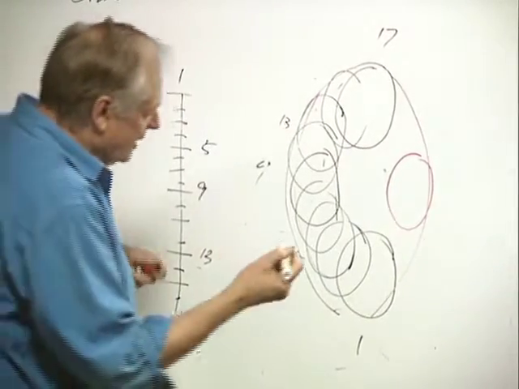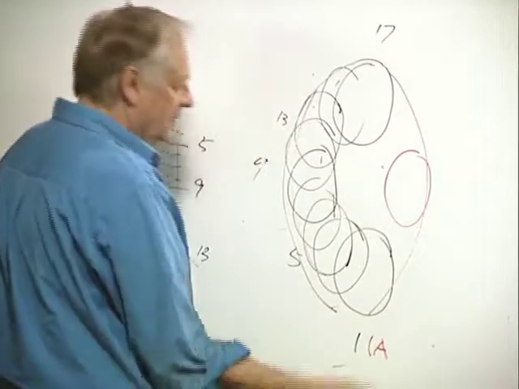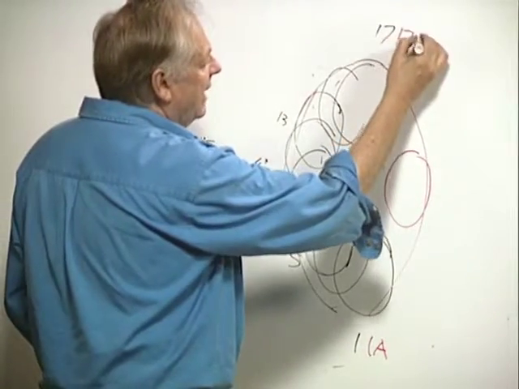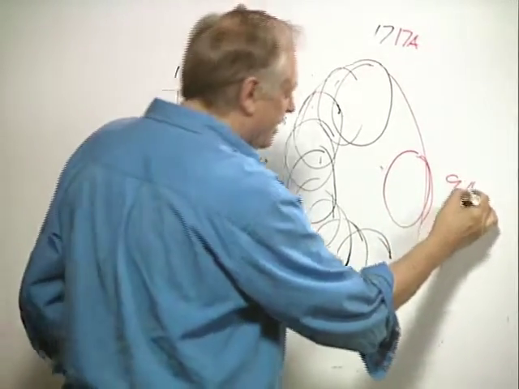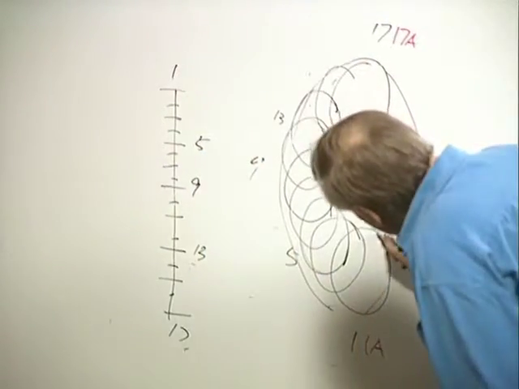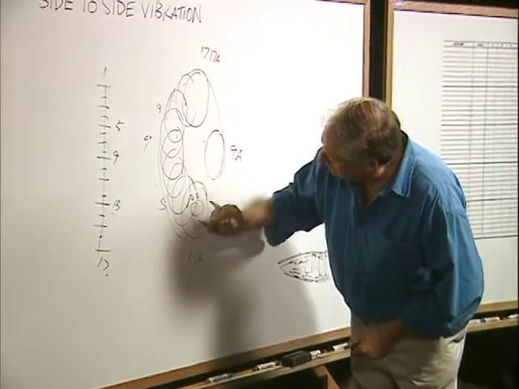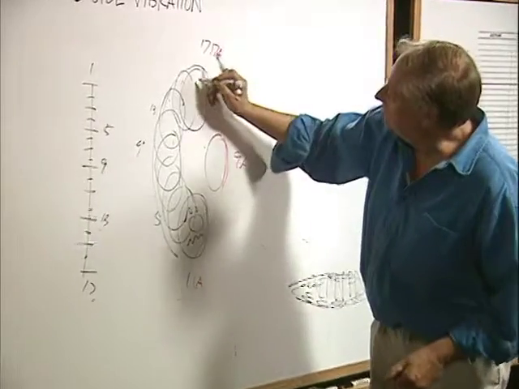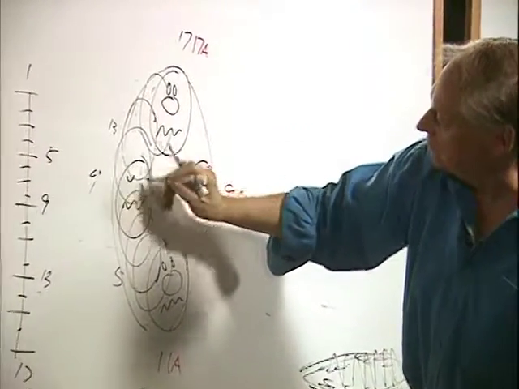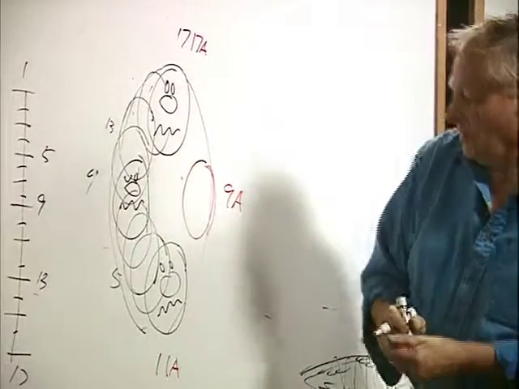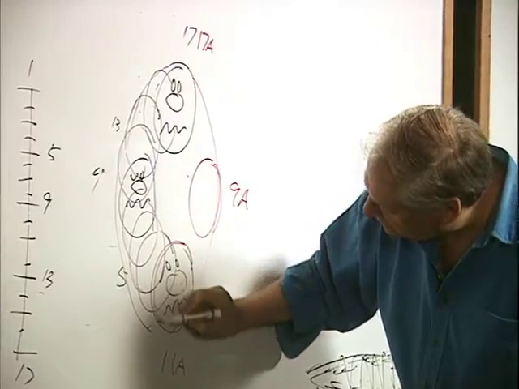And then you do a very careful tracing. Let's call it 1A. 1A. And 17A. And this one out here is just going to be 9A. So you do a series of A drawings. You trace. This is a face. You do a very careful tracing, just offset of the same.